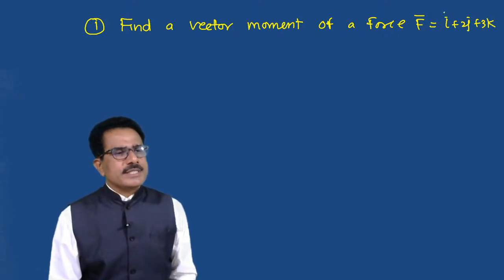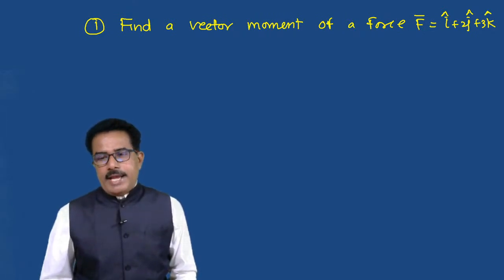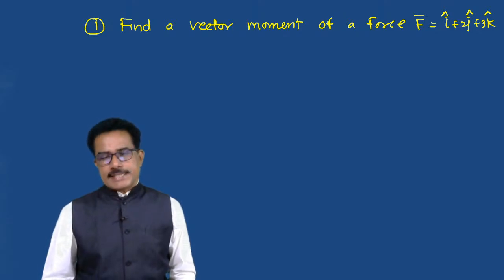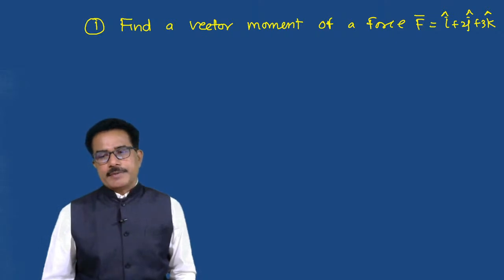Question, write down. Suppose this is i plus j plus k. Here i, j, k are the unit vectors along the x-axis, y-axis and z-axis respectively. Then our aim is to find out the vector moment.